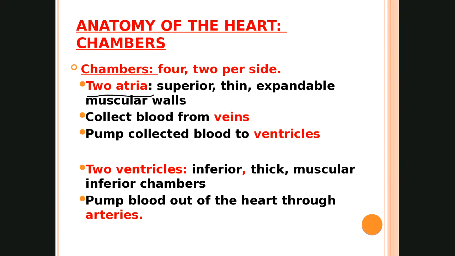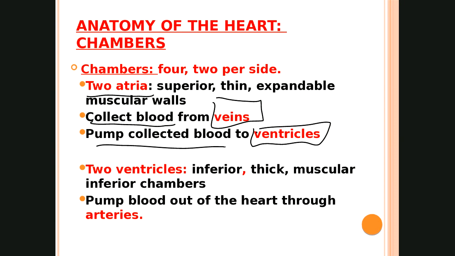The function of the atria is to collect blood from the veins that arrive from other parts of the body. So the job of the atria is to collect venous blood and then to deliver that blood to the lower chambers, which are the ventricles.